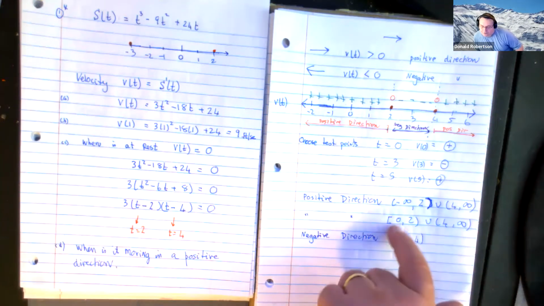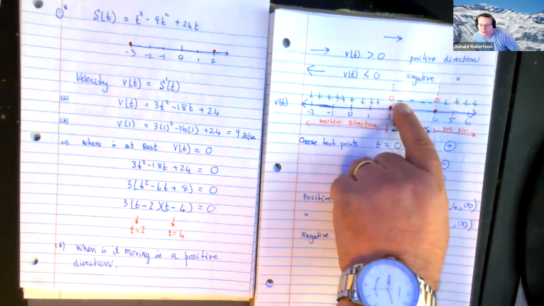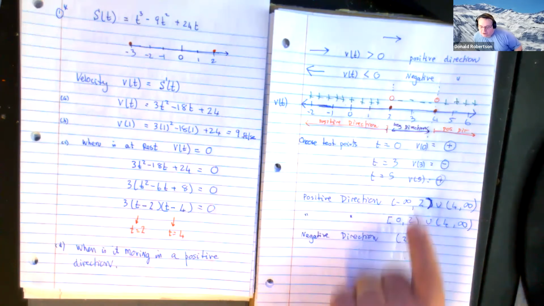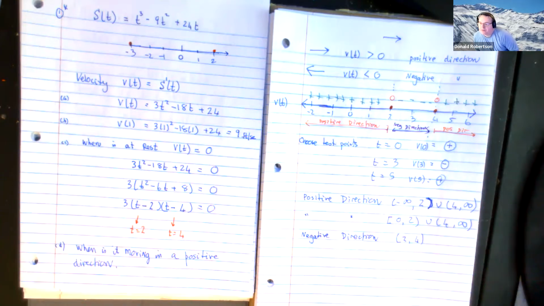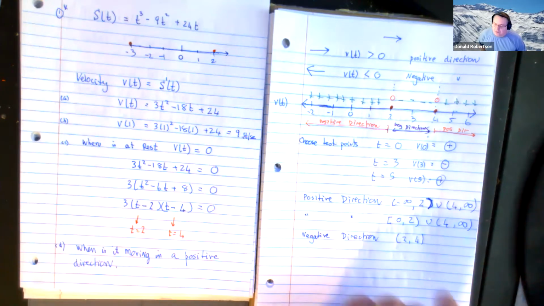Why is it curved? Well, we are only interested when things are positive and when they are negative. We are not interested when they're 0. Isn't the velocity 0 at 2 and 4? So you don't count them. That's why. So if you're given a question about positive and negative directions, you typically would have curved. Of course, there's going to be an exception.